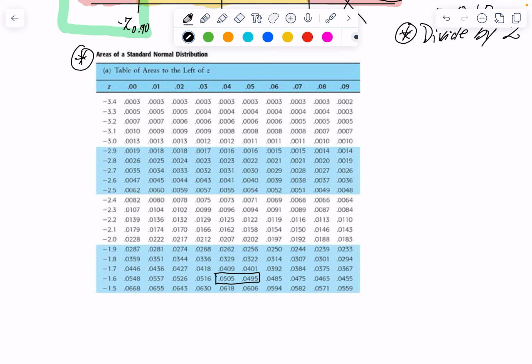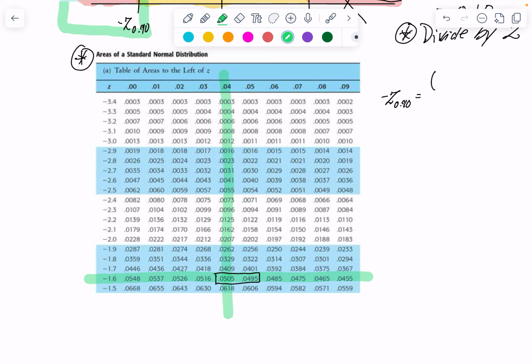So what I'm going to do is take the two potential z values and find the midpoint of them. For negative z sub 0.9, we're going to be looking at the horizontal and the vertical. For the 0.0505, we're looking at this row highlighted in green and the column highlighted in green.